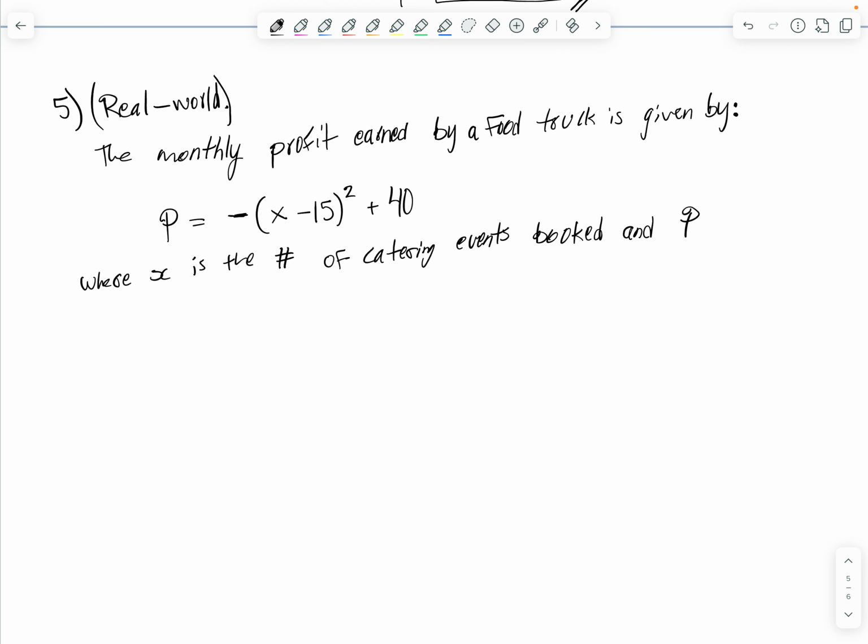And P is the profit. P is the profit in thousands, let's say. So whatever number you get, you have to multiply that by 1,000 to get the actual dollar amounts. Okay, so I'll just underline that as well.